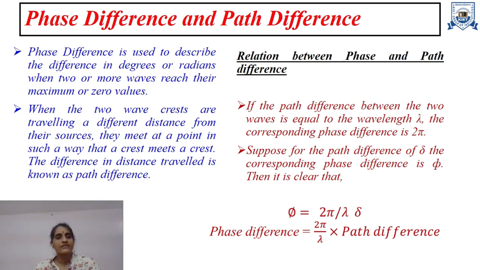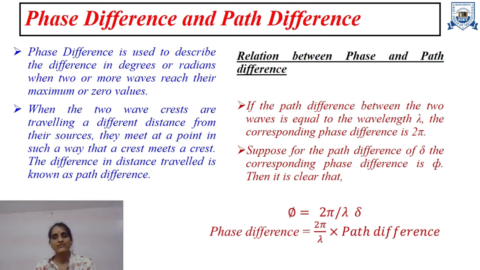Similarly, path difference arises when two waves travel different distances from their sources and meet at a point, say crest meeting crest. The difference in distance traveled by these two waves is known as the path difference.